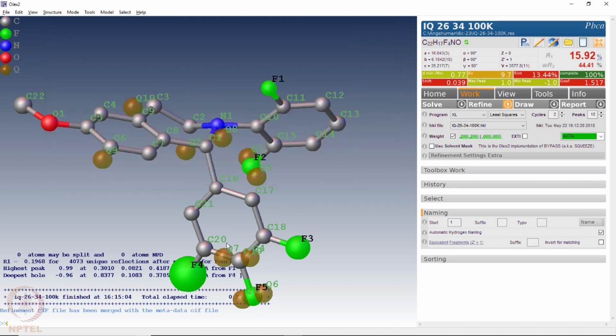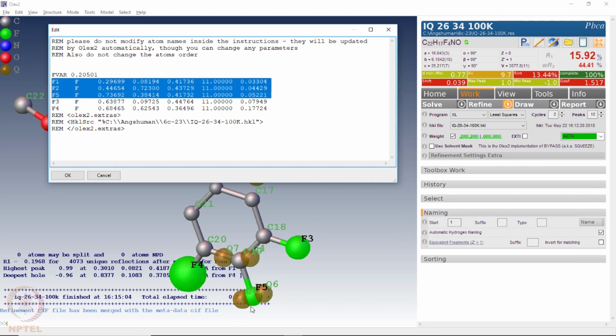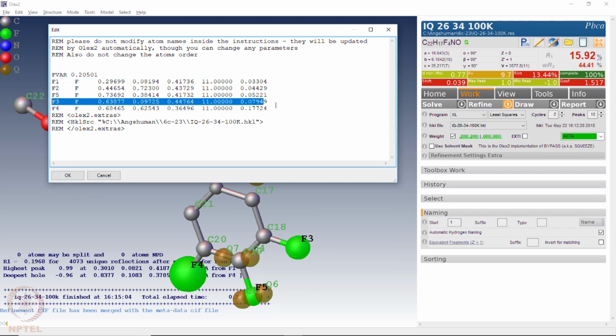This indicates that there is some disorder there. If we compare with other two fluorines on the other ring, we can see that the other two fluorines F1 and F2 have 0.3 and 0.4. The third fluorine on this second ring has 0.5, which is sort of okay, and 4 and 5 have higher thermal parameters.